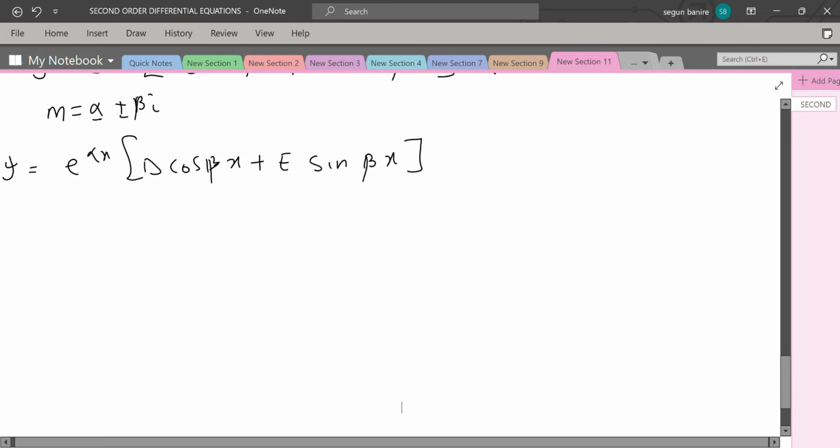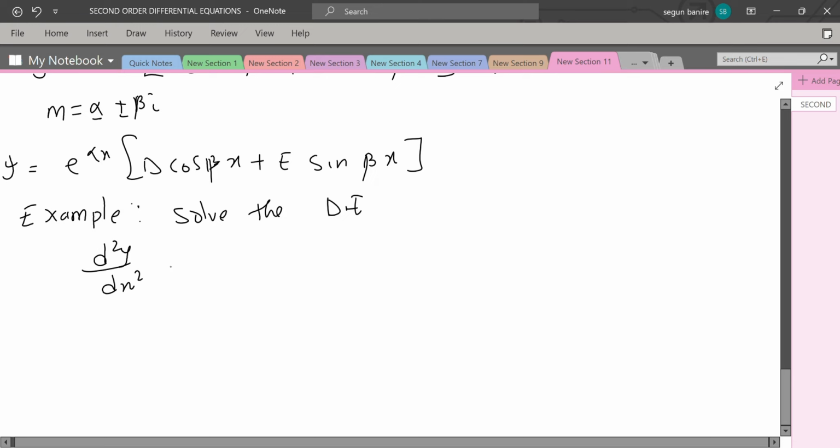So let's look at some examples. Solve the differential equation d²y/dx² minus 3 dy/dx plus 2y equals 0. Solution: we need our auxiliary equation.